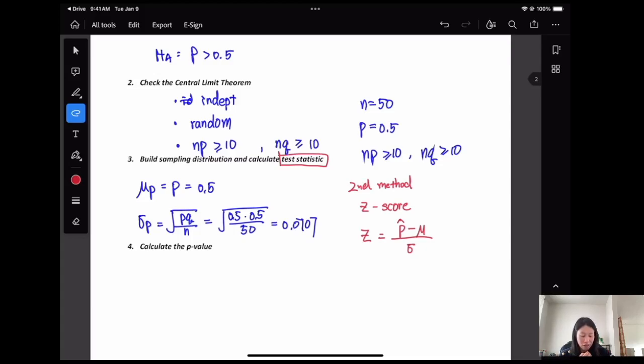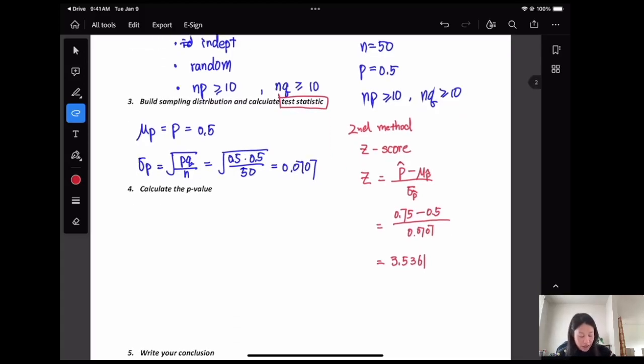In our case, our p-hat is 0.75, since you got 75% heads, minus our mu 0.5, divided by sigma of p-hat, which is 0.0707, and you get a z-score equal to 3.5361.